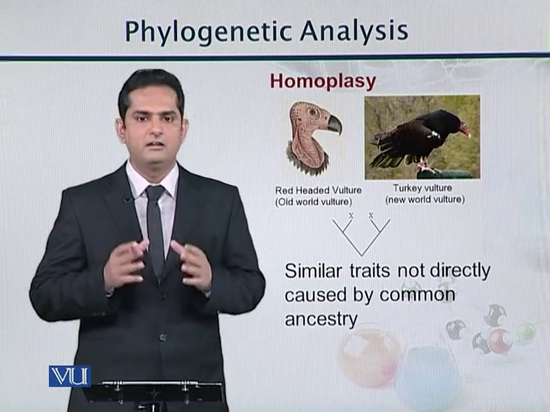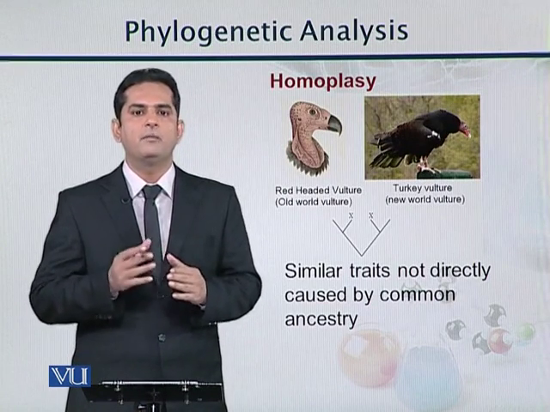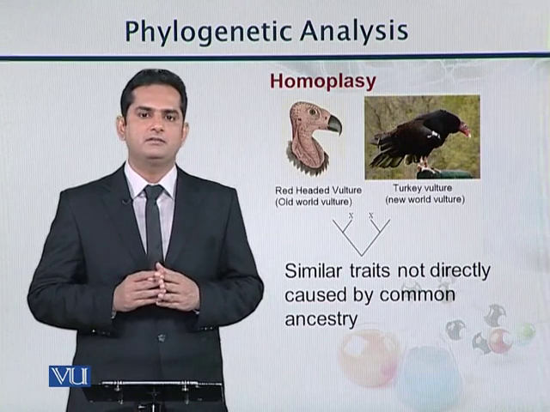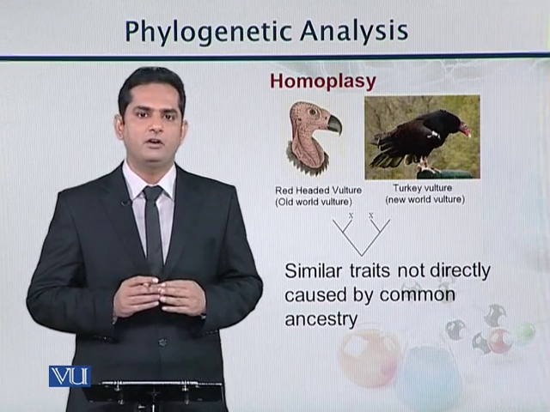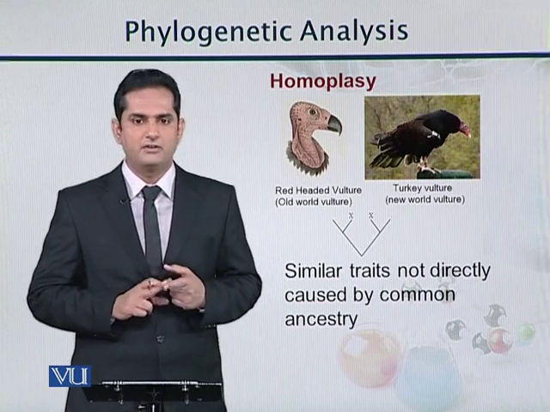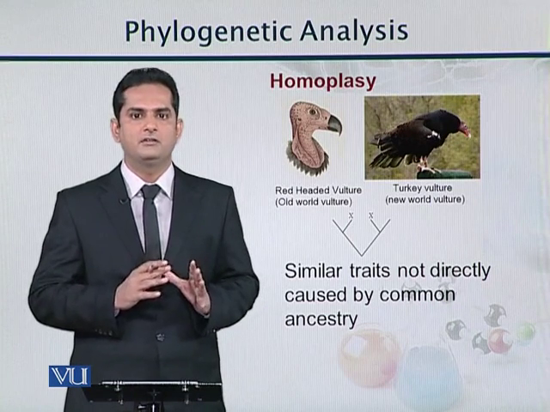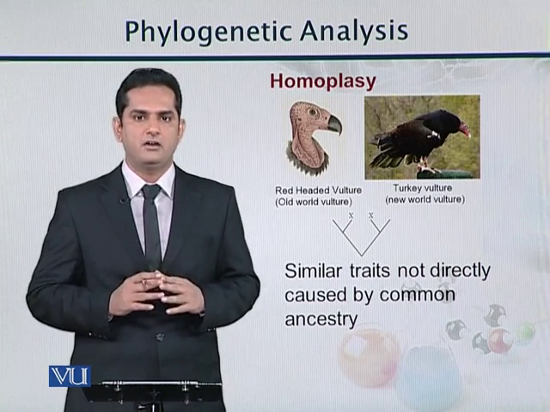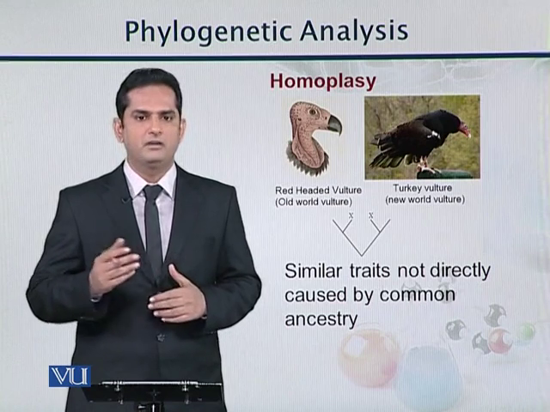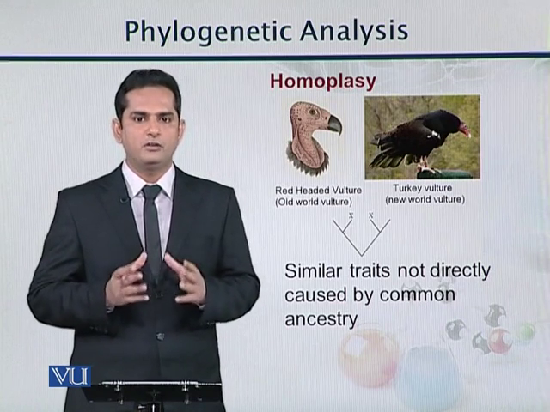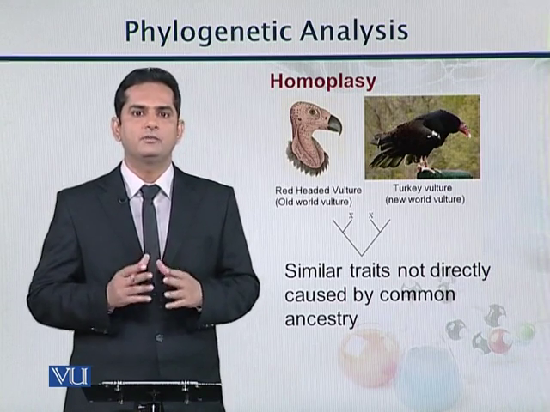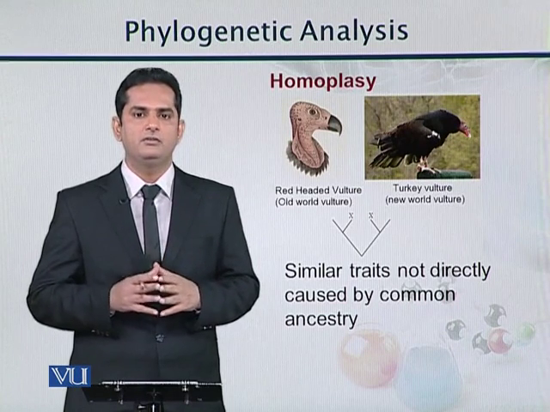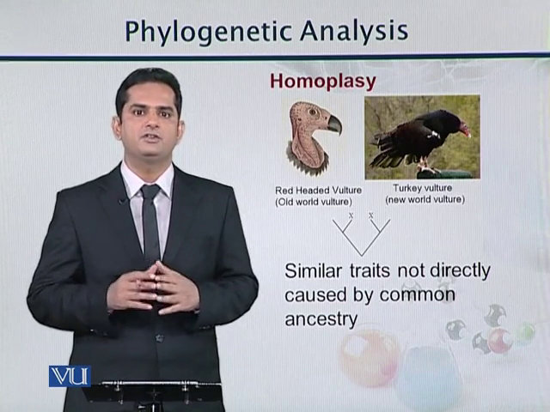Homoplasy is basically similar traits which are not from a common ancestor. For example, in this slide we have given an example of red-headed vultures, which are old vultures, which are not existing now, and the other one is the turkey vulture, the new vultures. Both of them are vultures, but they are not from a common ancestor, and in the present scenario they differ from each other.